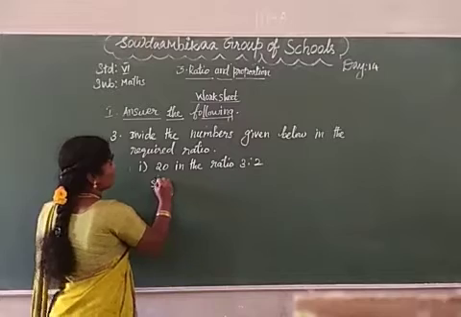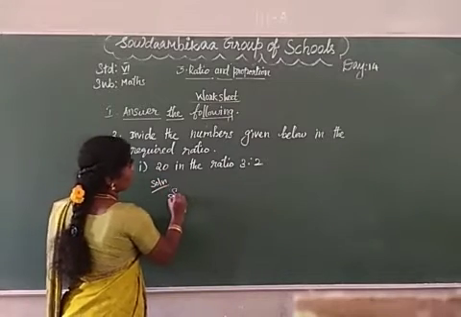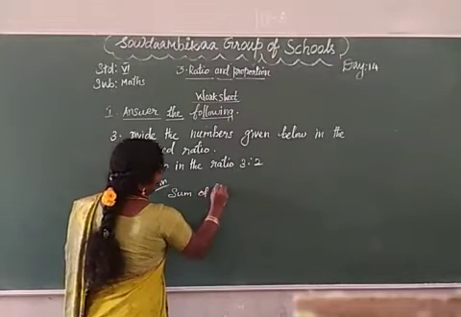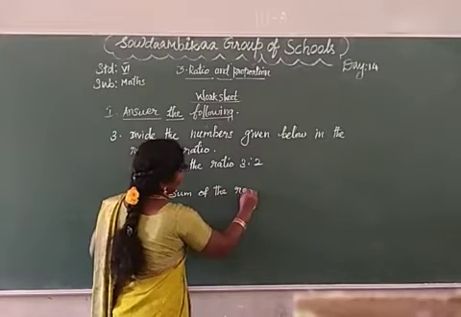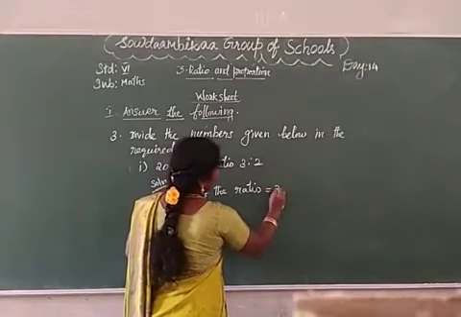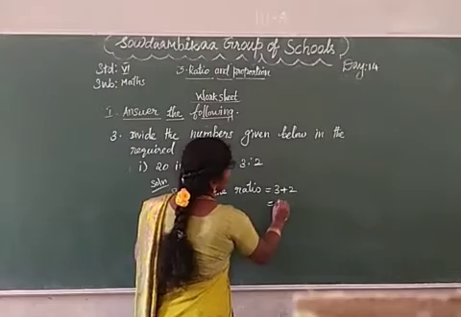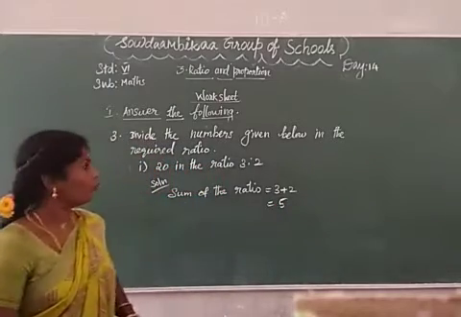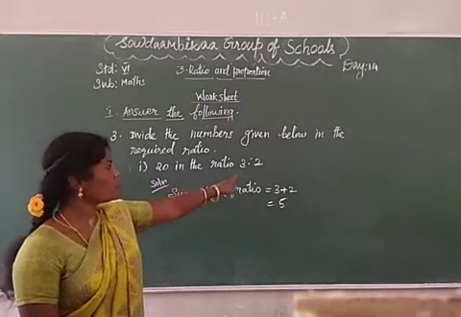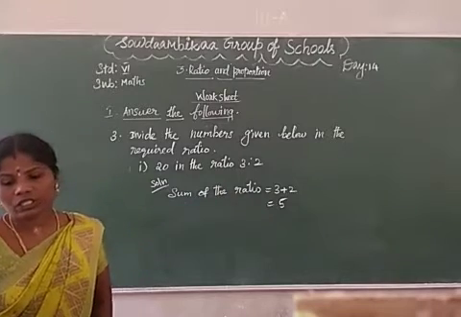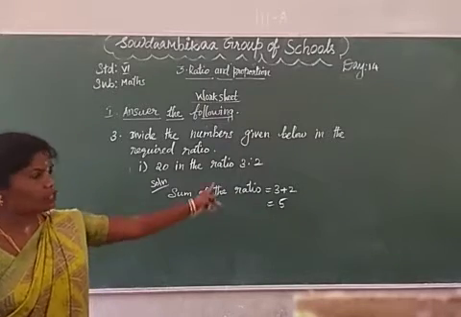First, the sum of the ratio. 3 plus 2, how much? 5. Okay, 20 in the ratio 3 is to 2. First, sum of the ratio 3 plus 2 is 5.